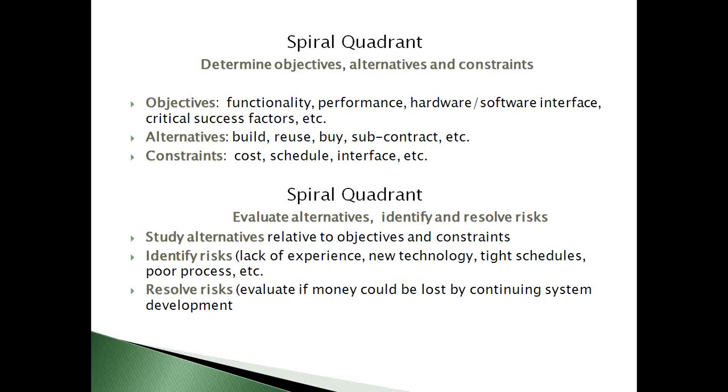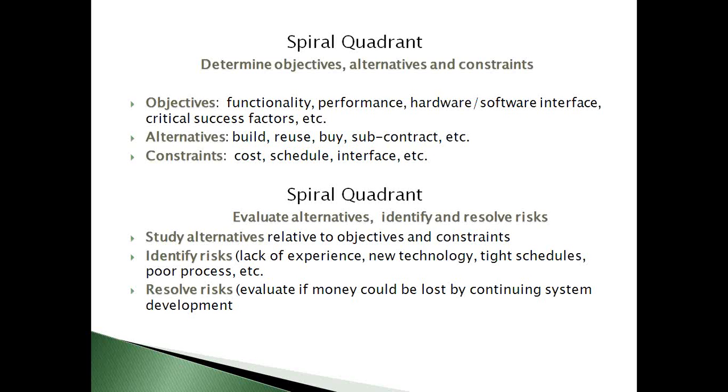And coming to quadrant 2, we are going to evaluate the alternatives and identify and resolve all the risks. Studying the alternatives means studying the alternatives which will help us through objectives and constraints.